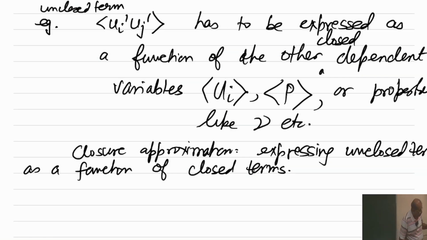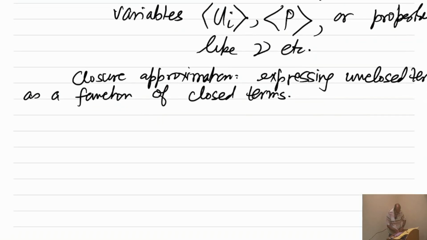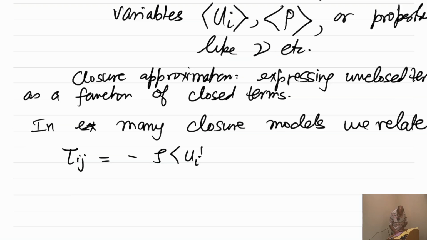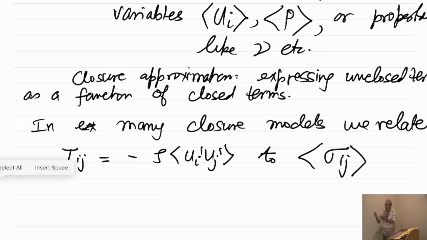Okay. So now, what we do in many closure models is we relate tau ij, which is equal to minus rho times ui prime uj prime, to the mean velocity gradients.